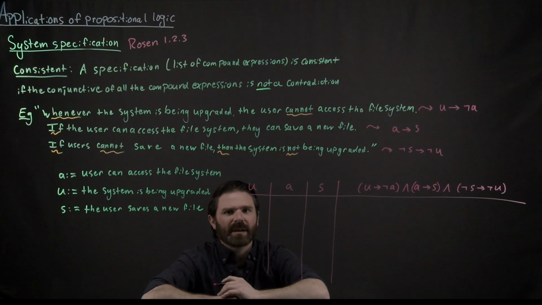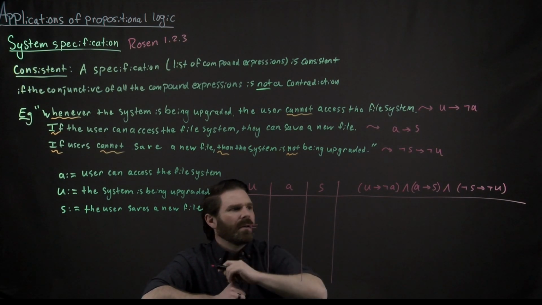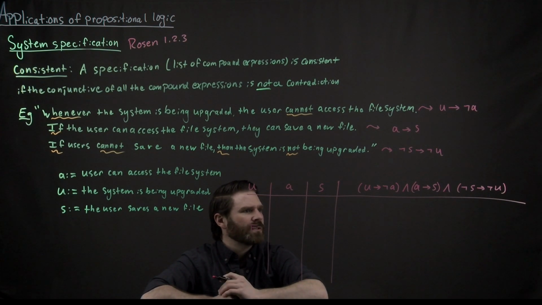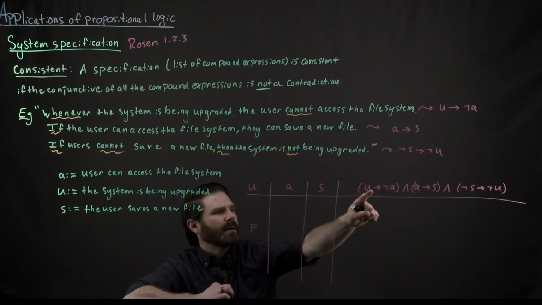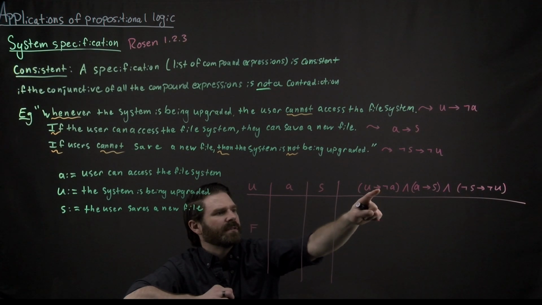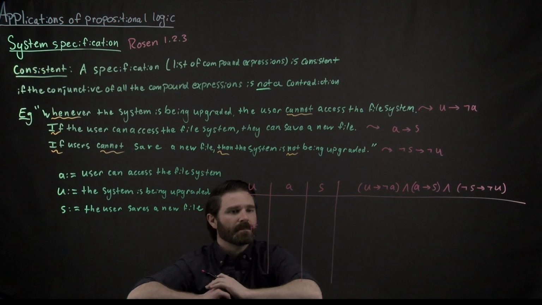Well, let's think about it real quick. For the fun of it, let's make U be false. The reason I'm going to do that is because I know that the only time an implication is false is when the hypothesis is true and the conclusion is false.